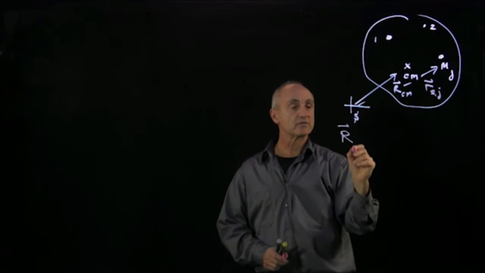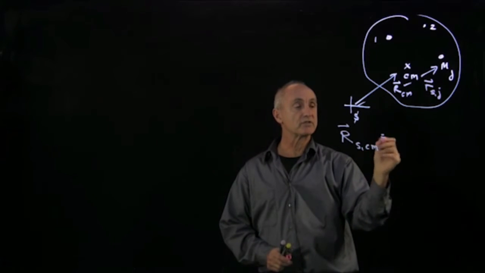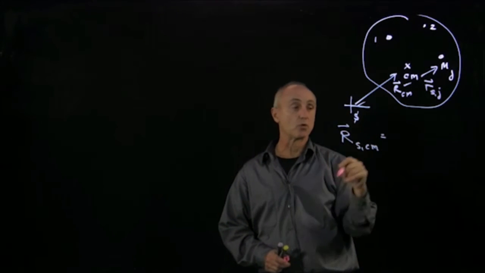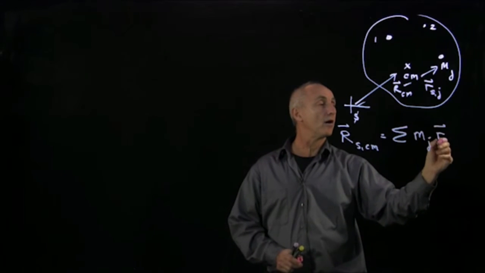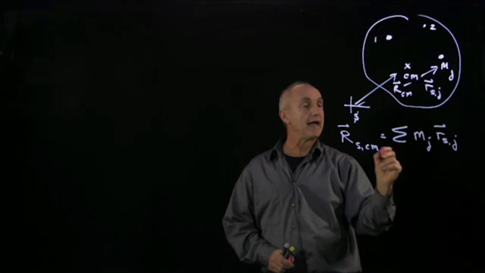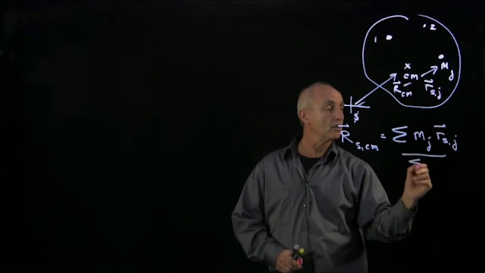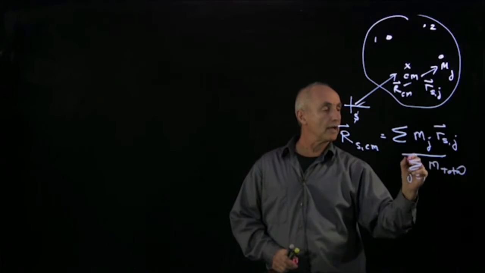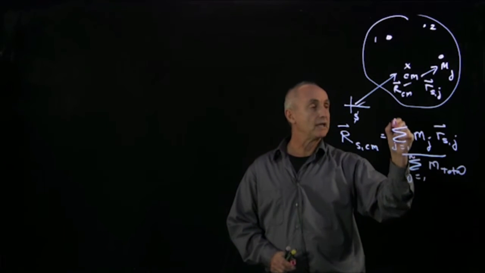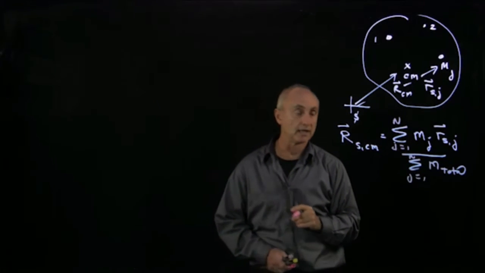We saw that the position of the center of mass with respect to this origin S is the sum of mj rsj, divided by the total mass m total, where j goes from 1 to n, and n is the number of particles in the system.